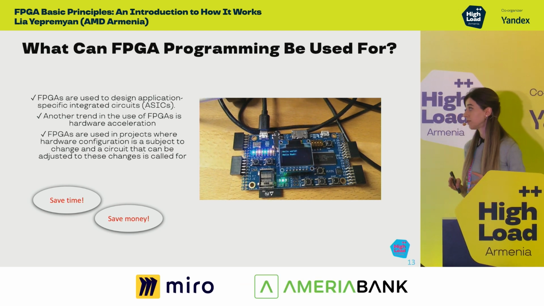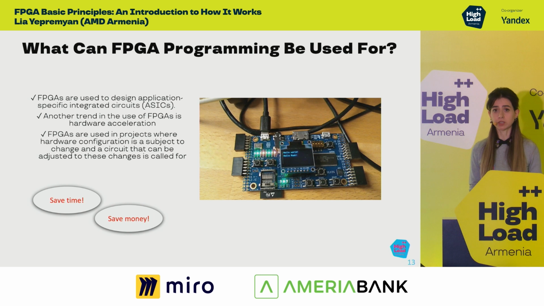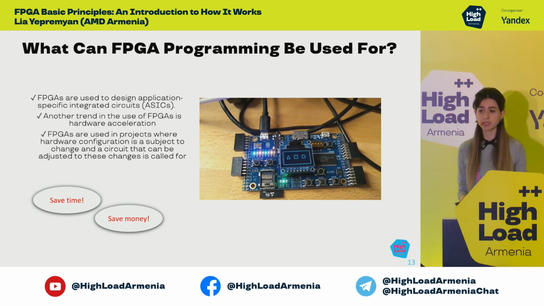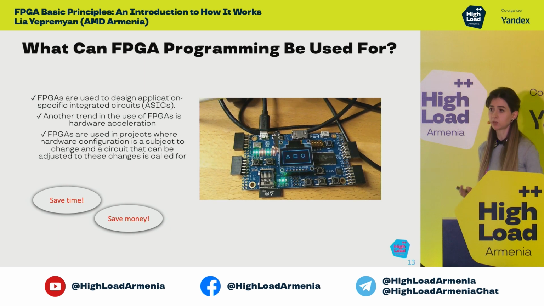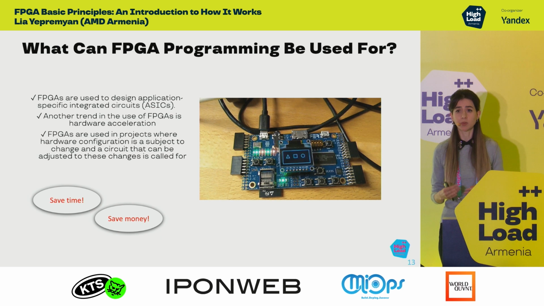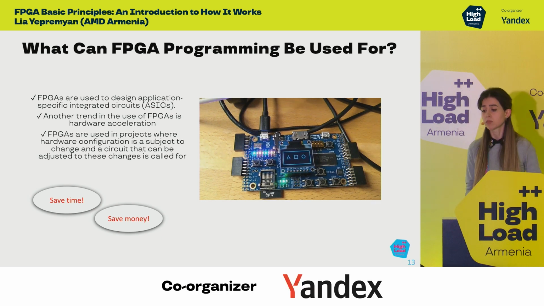It will save time because manufacturing integrated circuits is a very difficult and time-consuming process, and it will save money because one FPGA can be used for many iterations of certain tasks.